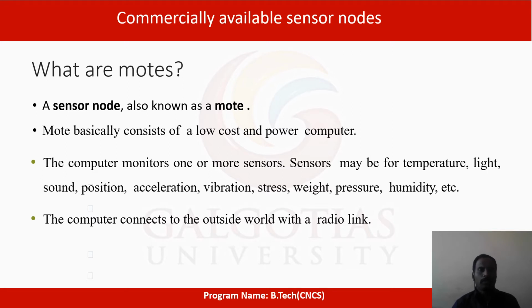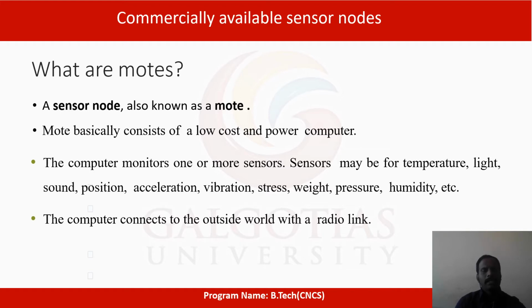So what are motes? A sensor node is also known as a mote. A node in a sensor network is capable of performing some processing, gathering sensory information and communicating with other connected nodes in that network.